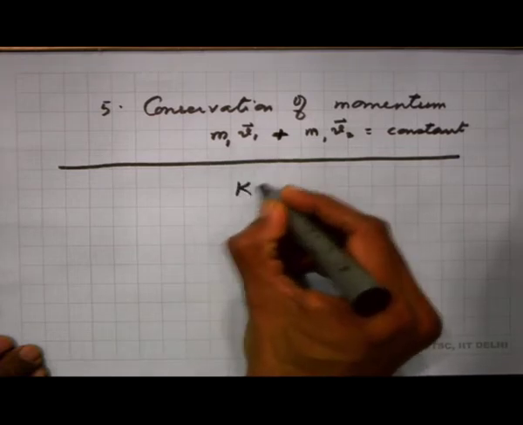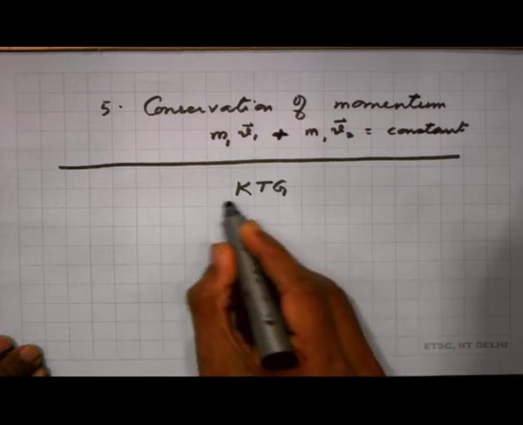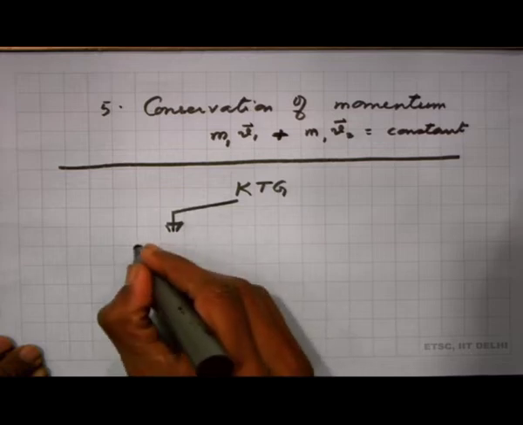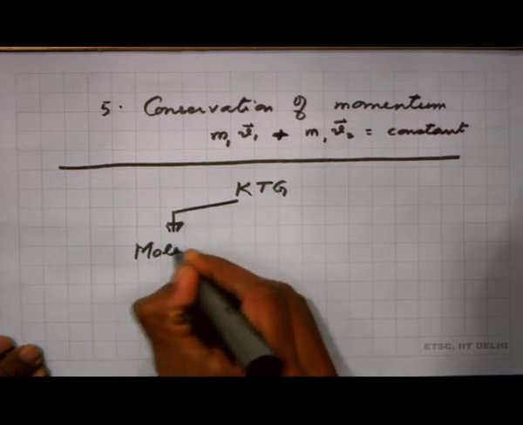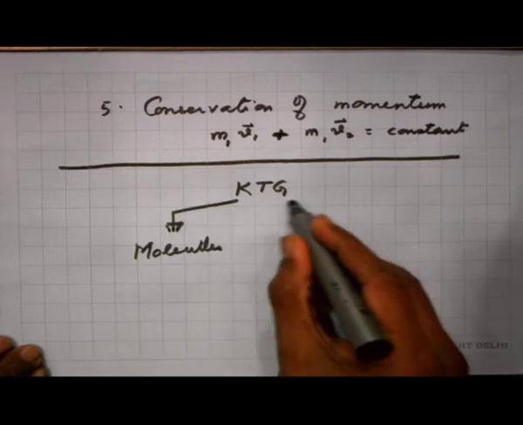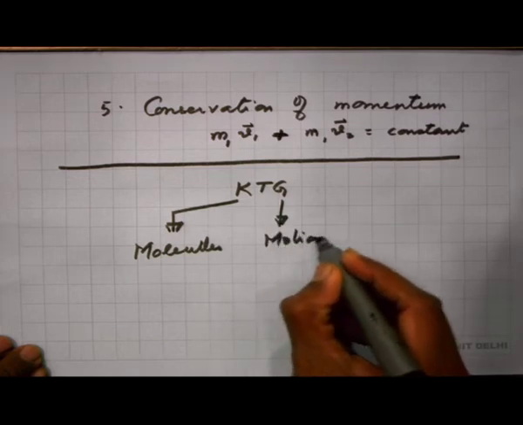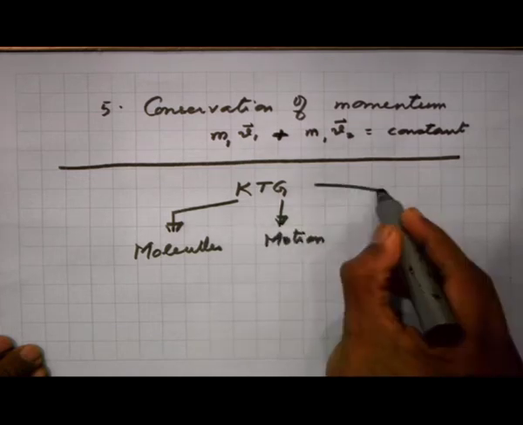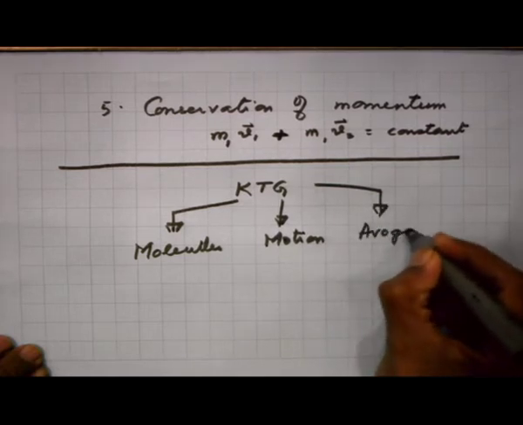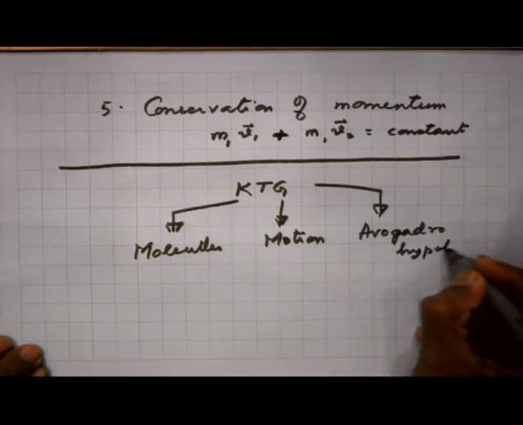So, according to the kinetic theory of gases, there are three pieces. The first piece discusses molecules. The second piece discusses motion of molecules, and the third one is the Avogadro hypothesis, which we won't have much to say about because we have already gone through that.